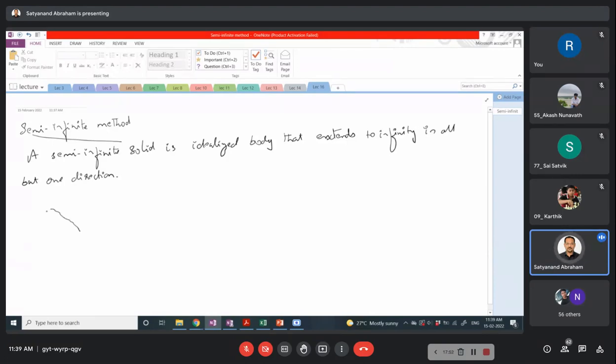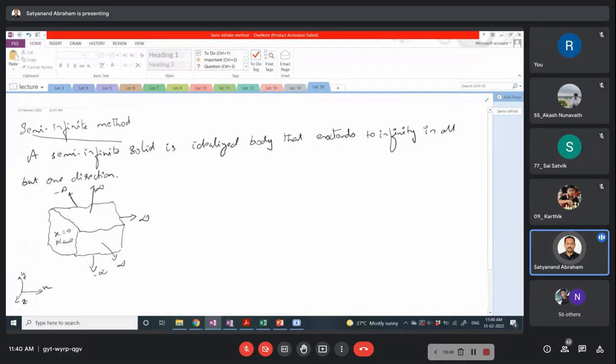Suppose you have a body like this. We have the x, y, and z directions. It extends to infinity in the y direction, both plus and minus, and in the z direction, both plus and minus. In the x direction it extends to infinity only on one side, and we have the x equal to 0 plane.